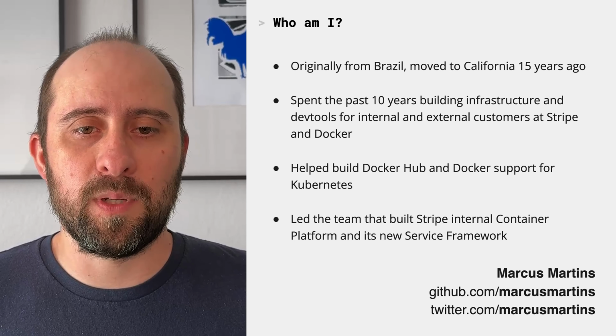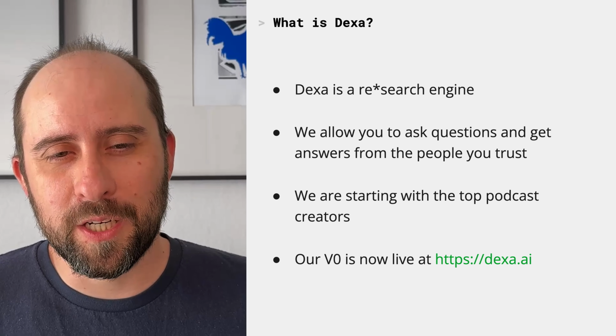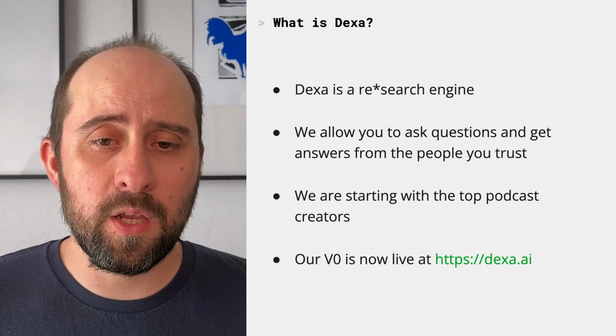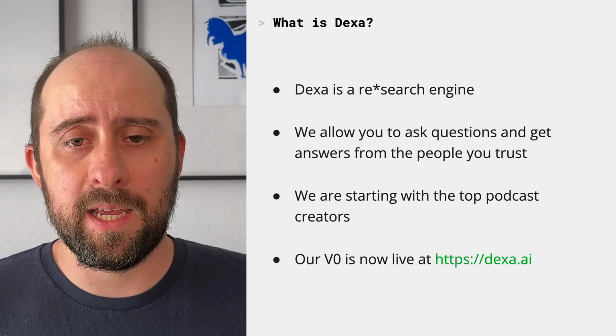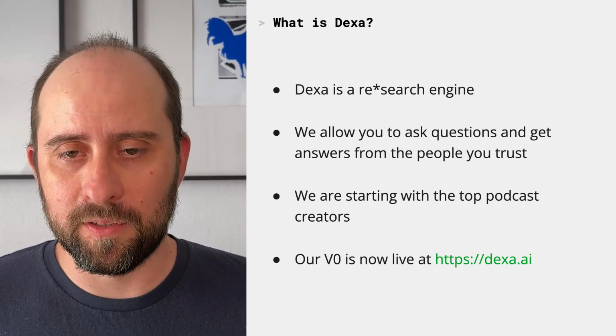So that led me to Dexa, and Dexa is a new way to search for content. We like to call it a research engine. With Dexa, you can ask questions and get answers from experts and people you trust, right? We're starting with podcasters, and there's this huge wealth of information being produced every day in the form of podcasts with a lot of world-class experts talking about different subjects.